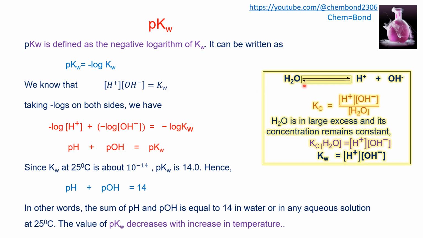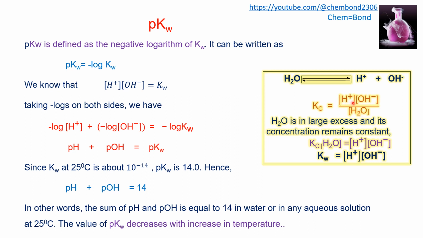If we take water and its auto-ionization, the water will ionize and produce the hydrogen ion and the hydroxide ion. The extent of ionization in this case is very low, which means that the hydrogen ion and the hydroxide ion will be produced in a small amount as compared to H2O, which means that H2O will be present in large excess. So by taking the equilibrium constant, Kc is equal to the ionized portion divided by the unionized portion.